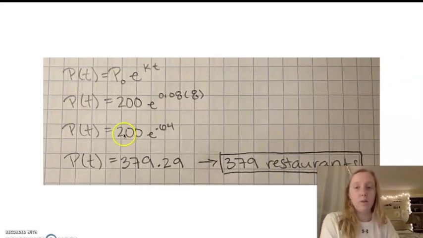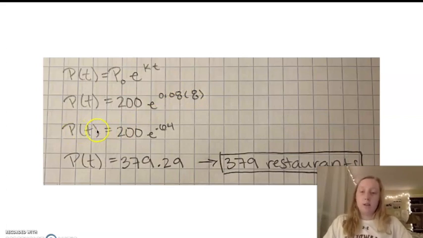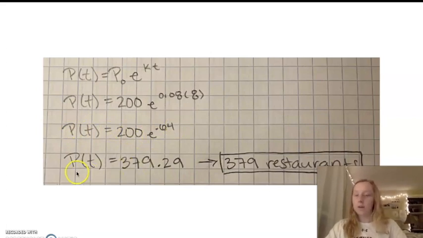So we end up with P of t equals 200 times e to the 0.08 times 8. From here we can simplify and we get P of t equals 200 times e to the 0.64. We plug that into our calculator, and we get P of t equals 379.29.